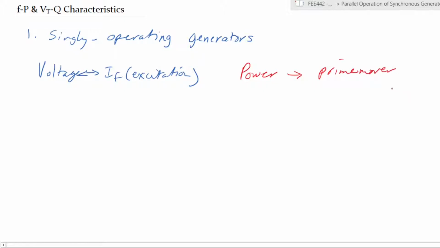So the prime mover is the one that controls power and at the same time frequency. Power and frequency are very closely tied to each other, and they are mainly manipulated by the action of the prime mover.